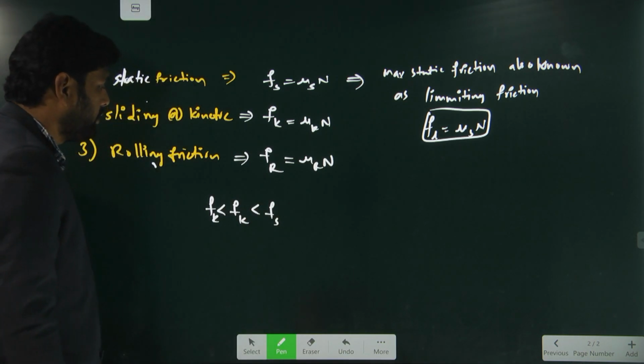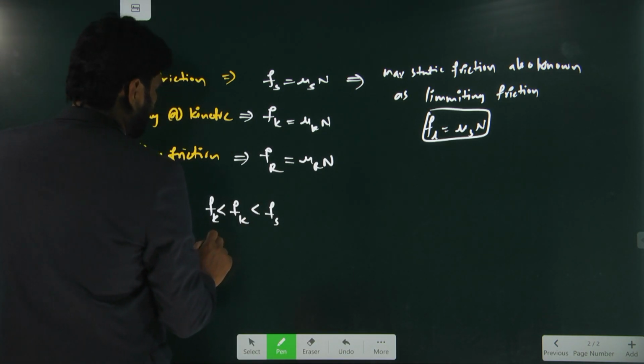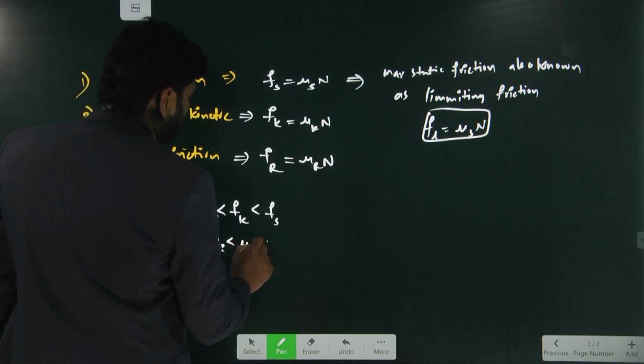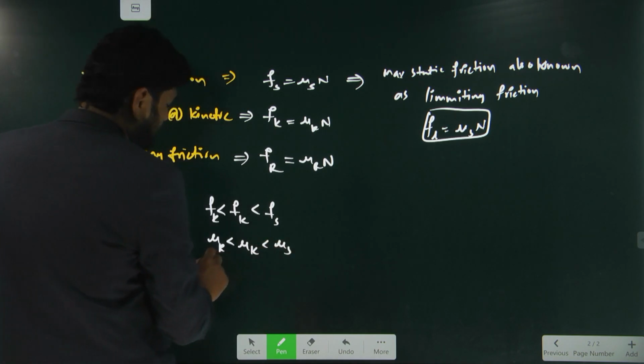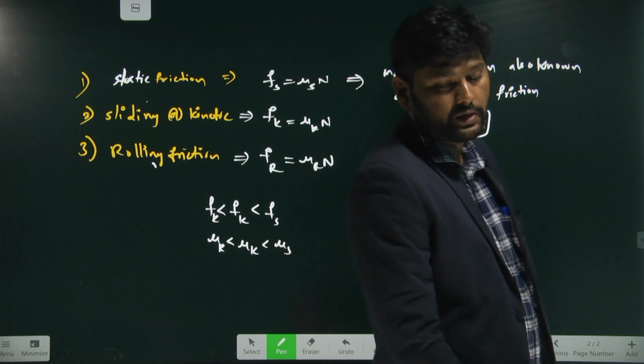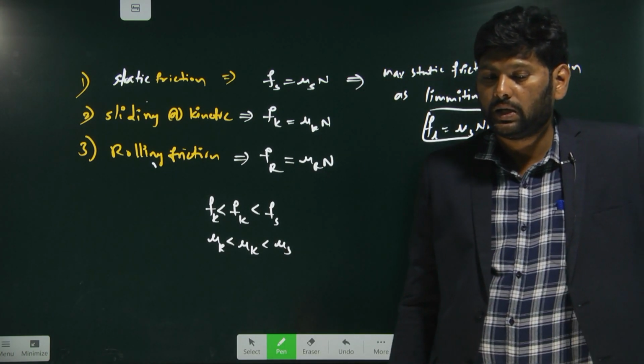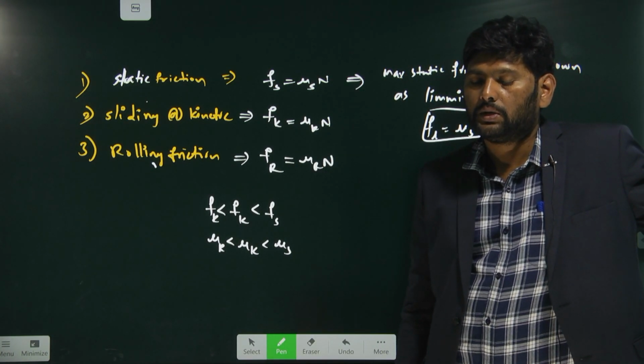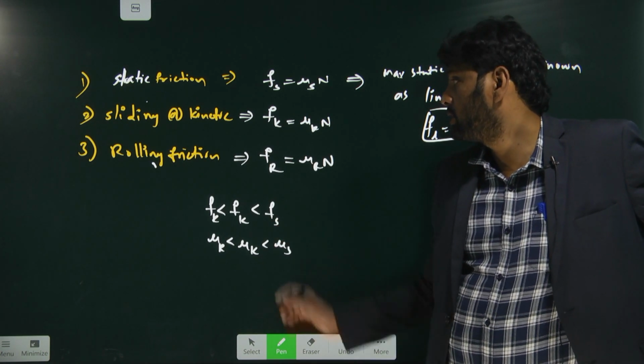Understand? Similarly, the relation between the coefficients of friction is that rolling is less than kinetic, which is less than static.